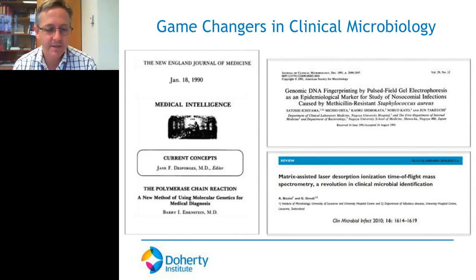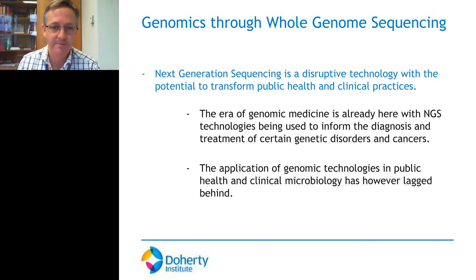And these technologies have really changed the way we do clinical microbiology and also public health microbiology. And there's really no doubt that genomics is another one of these game changers. And we're just at the start of this evolution of genomics and how we're going to use it to really change the way we do public health microbiology.